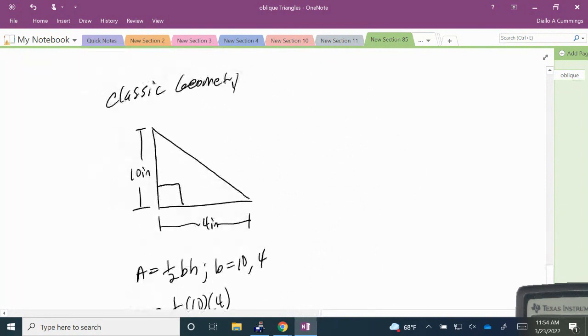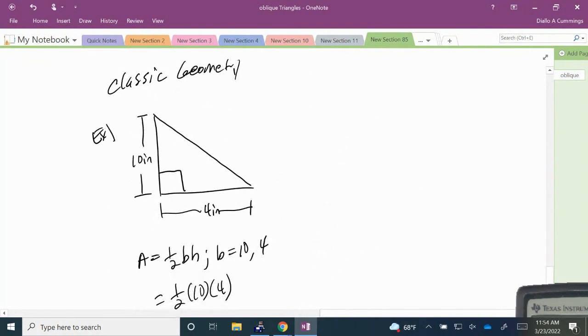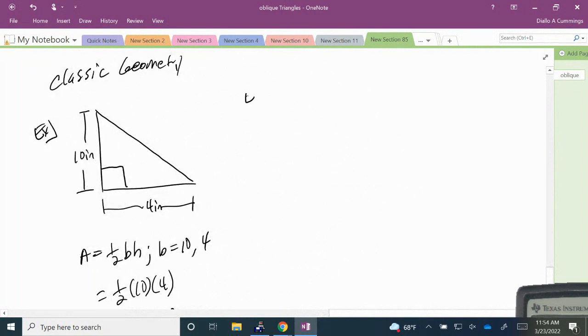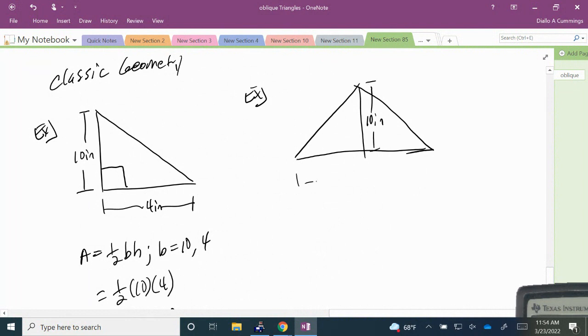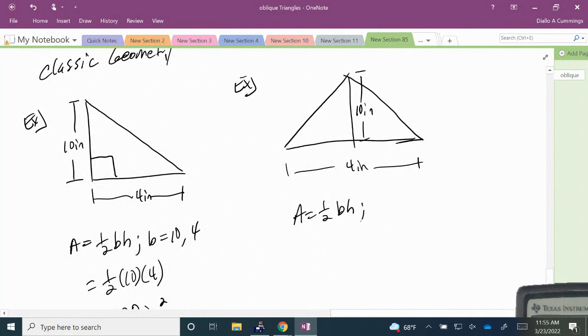So let's say we had an example that looks like this. Again, the height is 10 inches, and we're going to say the base is 4 inches. So again, the area is 1/2 the base times the height.